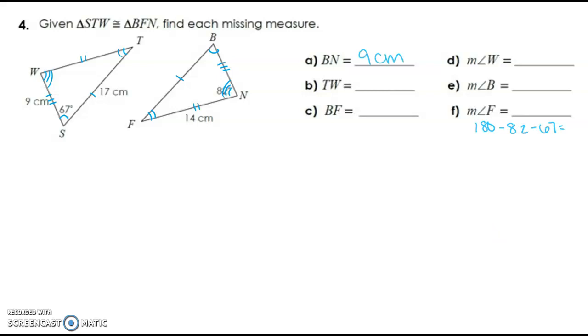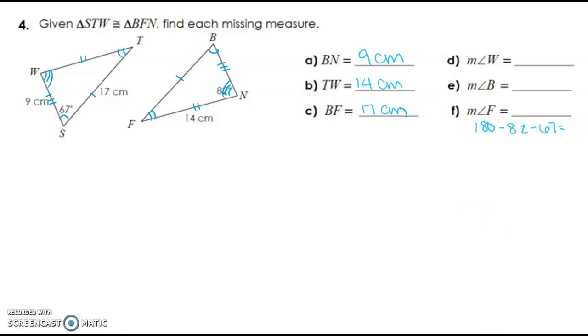Part B, TW is the same as FN, and so you should get that TW is 14 centimeters, and then BF is the same as ST, so you should get 17 centimeters.